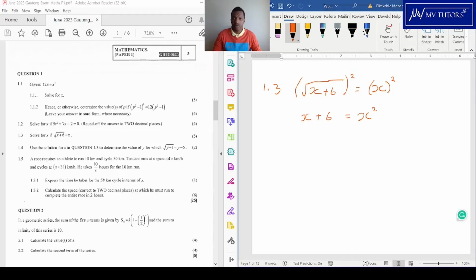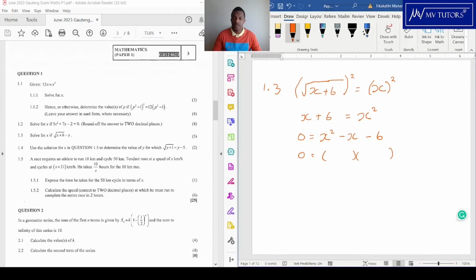At this point, what I want to do is just take everything, bring it to one side, so that I have 0 is equals to x squared minus x plus, no, it's not a plus. If you say plus, you are wrong. It's a common mistake. It should be minus 6 as well. And then from there, I can factorize, open 2 brackets, right?